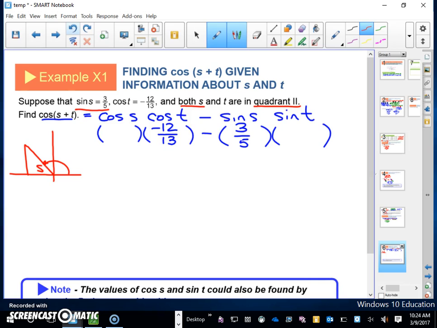They tell me the sine ratio is 3/5, and since sine is y over r, I can label 2 sides of my triangle. Since it's a right triangle, I can figure out the missing side using the Pythagorean theorem.